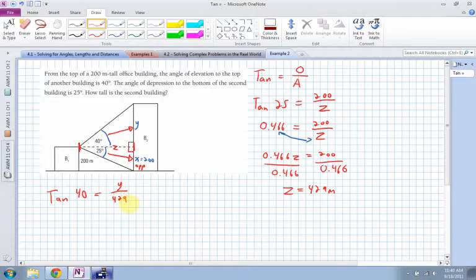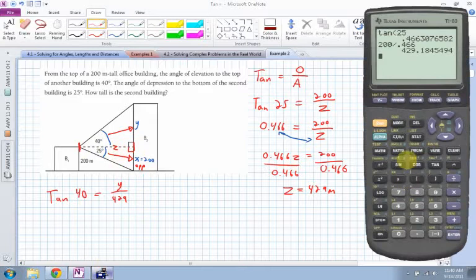Notice that in this case my z was on the bottom just because it happened to be the adjacent. But keep in mind where the opposite and where the adjacent is. The opposite is y, the adjacent is 429. So I work this out, I get tan of 40 degrees is equal to 0.84.